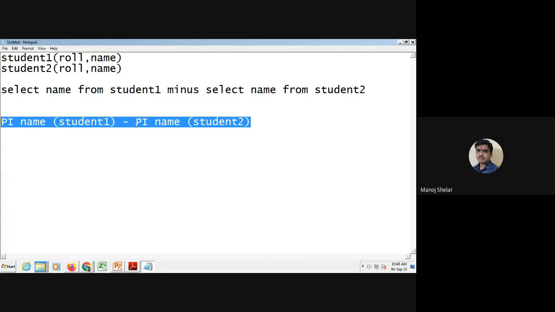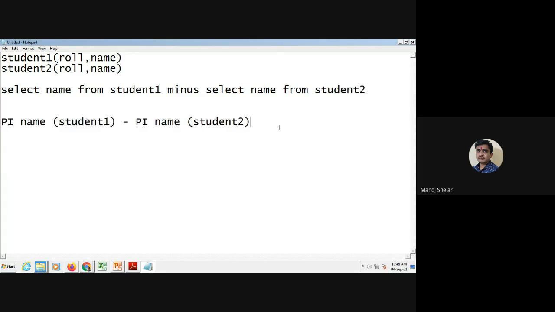Okay, so the simple minus operation. Minus operation means, suppose the name in student 1 is Manoj, Sachin, Virat, and the names in student 2 are Virat, Rahul, and Ajit.